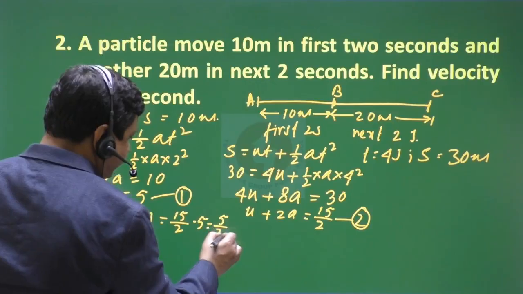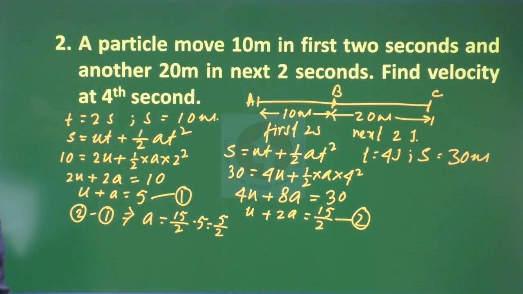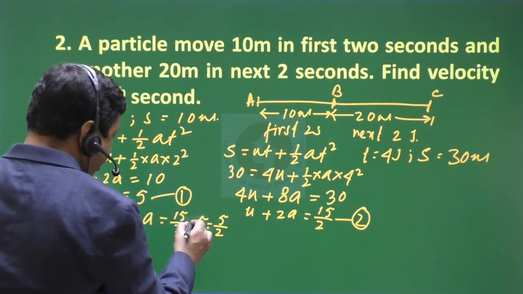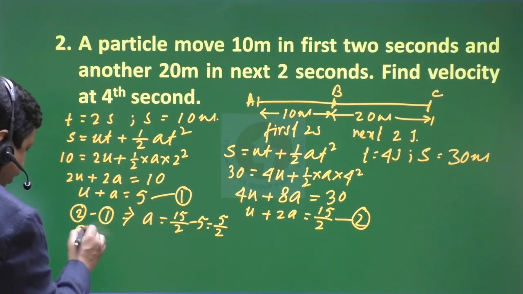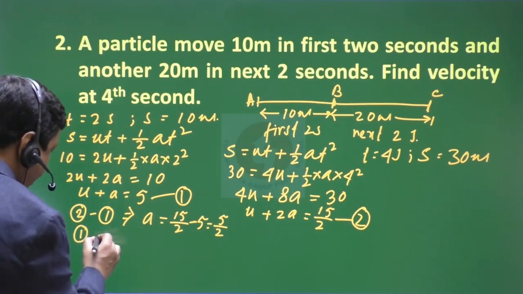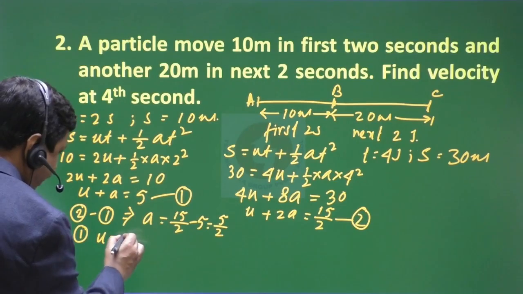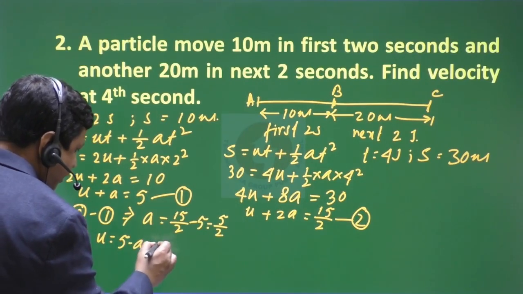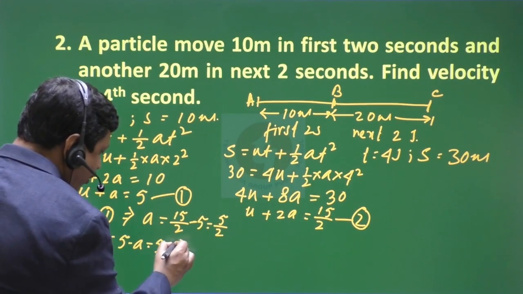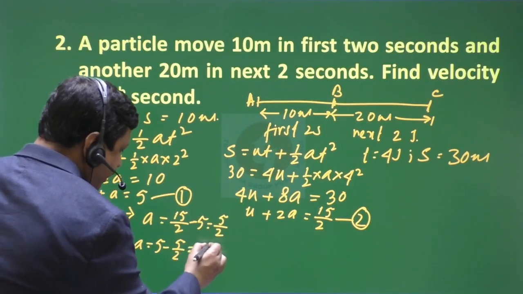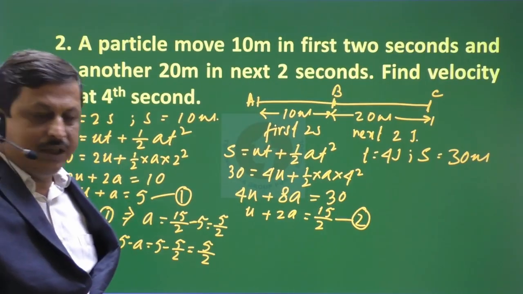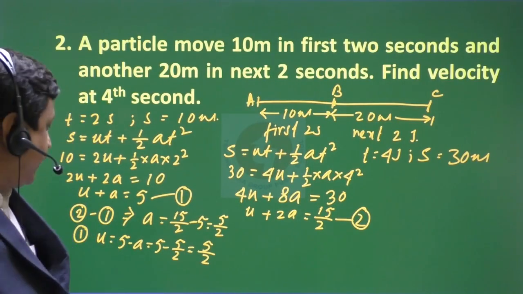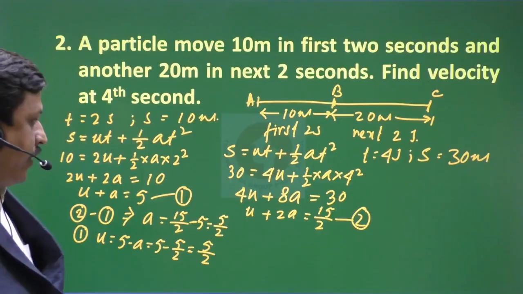And if you put this value in equation 1, you can get the value of u, right? u equals 5 minus a, that is 5 minus 5 by 2, that is also 5 by 2. That means the initial velocity here is 5 by 2 and acceleration is also 5 by 2.